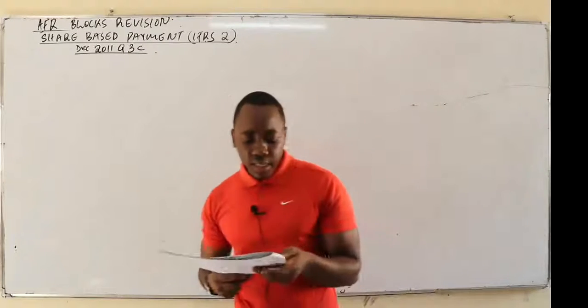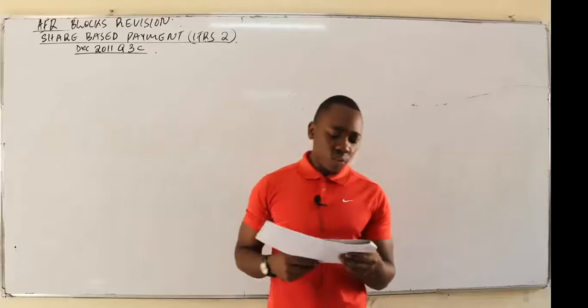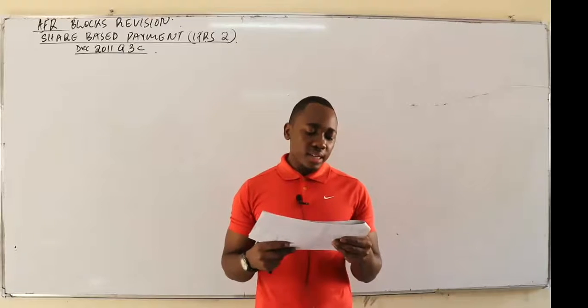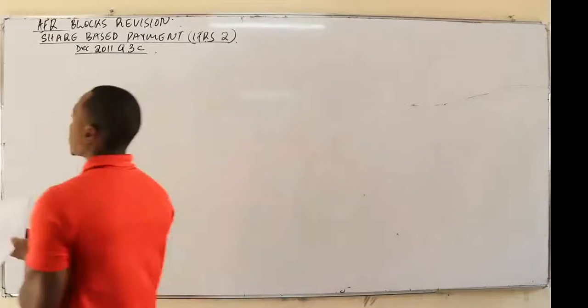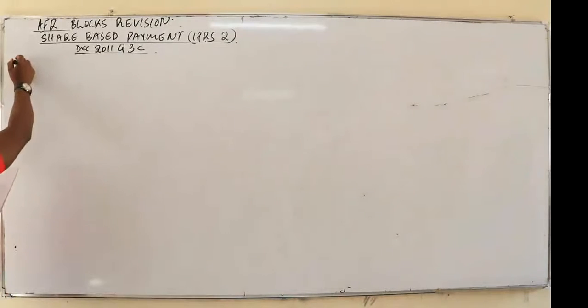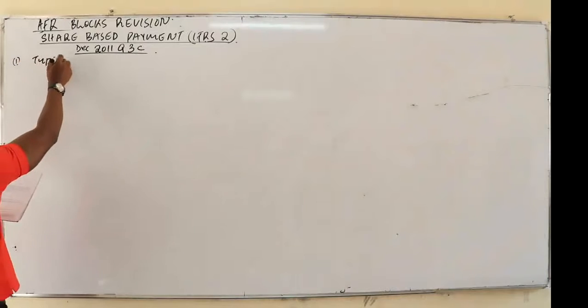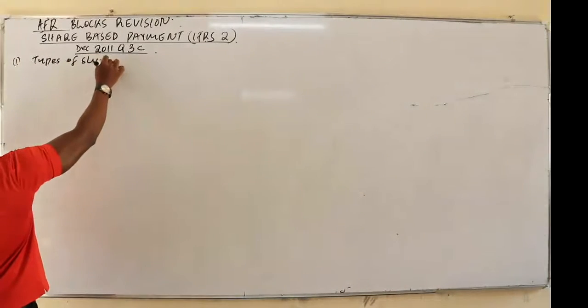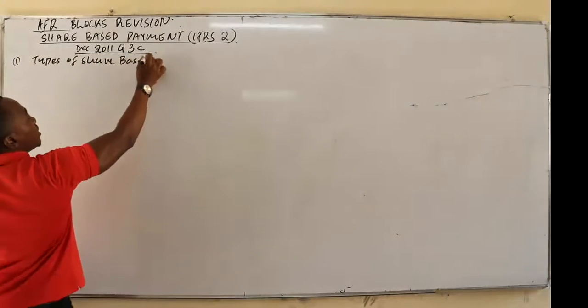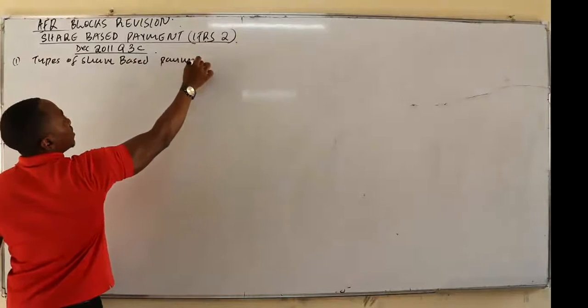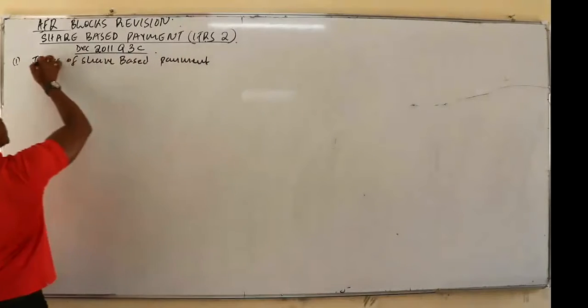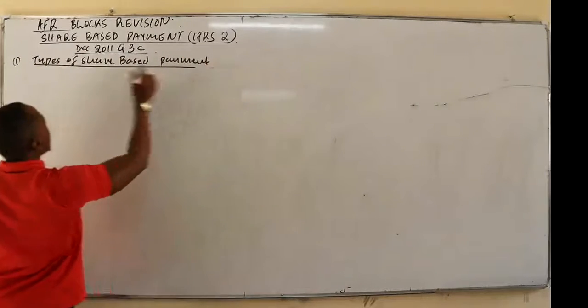Part C, you are told that in the context of IFRS 2 share-based payment, explain 3 types of share-based payment. Types of share-based payment. And we say that we have 3 types of share-based payment.